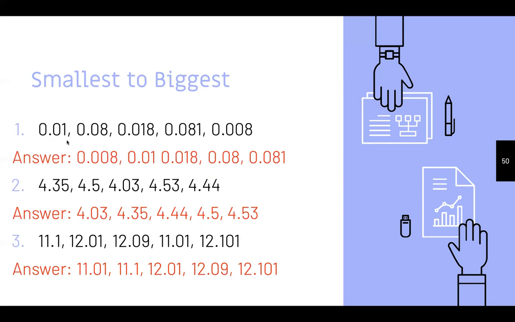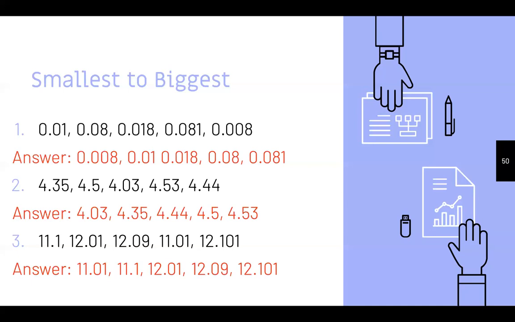It's really 0.010, and that has an 8. So the 0.018 is slightly bigger than the 0.01. And same concept for the 0.08 and the 0.081, which is bigger, the 0.081 because of that number in the 1,000 spot.